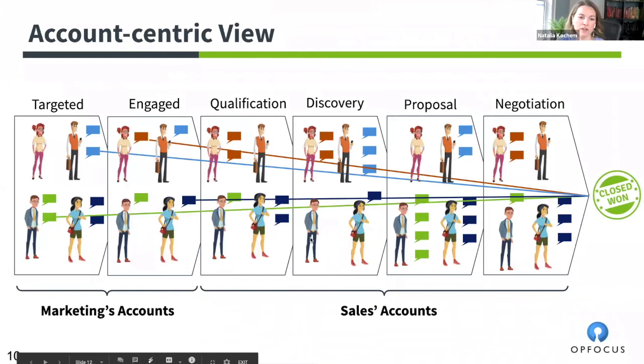So going back to that account-centric approach, when companies implement this, the way they start to group people is they recognize early on, here's a group of people that marketing is going to track. And I can share some topics about how they go about doing that a little bit later. And then they start them early on. They say, these are the accounts that we're going to pursue.